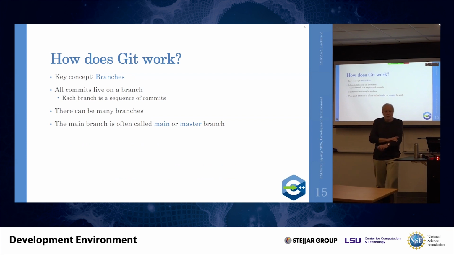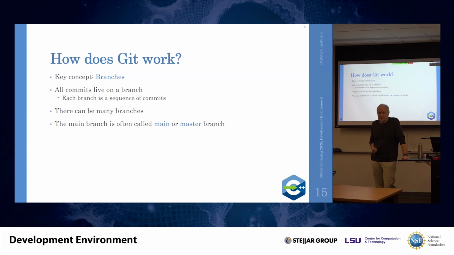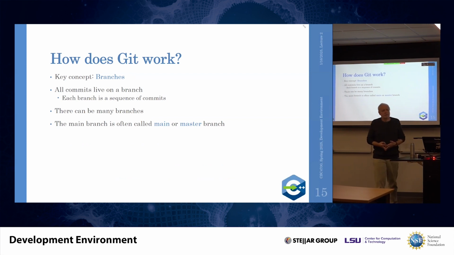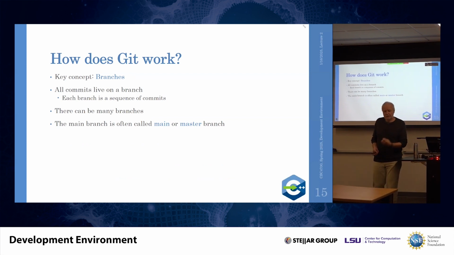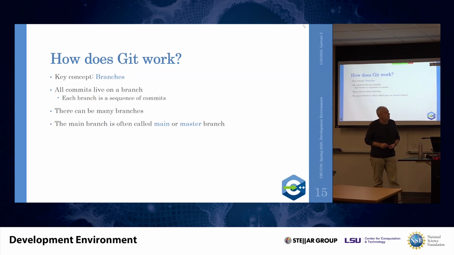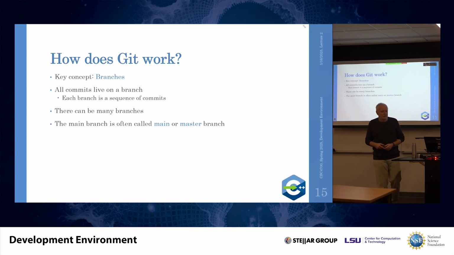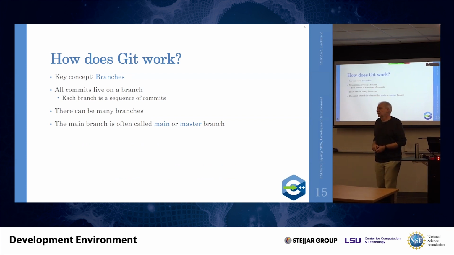Git is well known and loved by many developers because of the branching technology they have introduced. And the branch is a sequence of commits that are kind of interrelated. All commits live on a branch, and each branch is a sequence of commits. The trick is that there can be many, many branches at the same time.